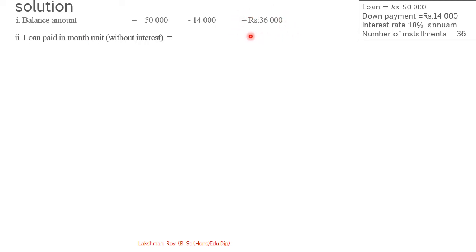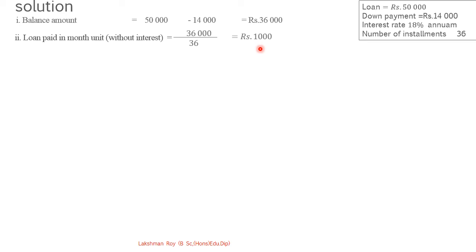So to find the monthly value, we have to divide this 36,000 by 36, so you get 1000 rupees. That means if there is no interest, you can pay 1000 rupees every month.